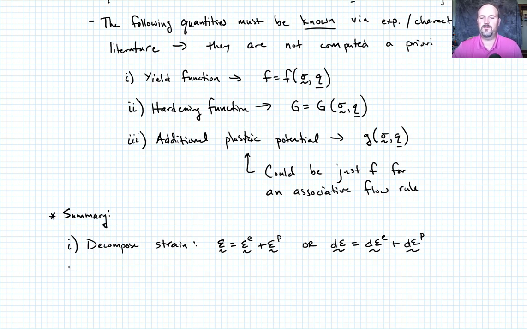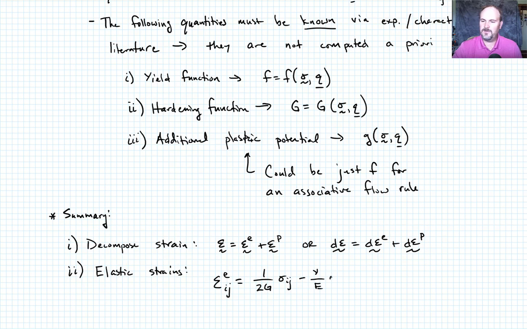Okay, that's hopefully straightforward. Number 2, what happens to the elastic strains? Well, that just follows Hooke's law. So we have that epsilon ij elastic is equal to 1 over 2g times sigma ij minus nu over E times sigma kk delta ij.